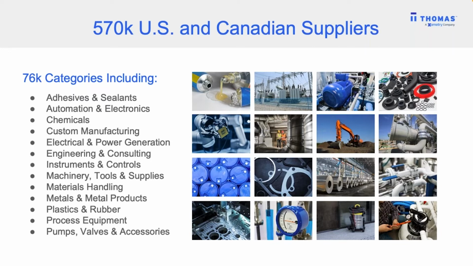We do have 76,000 categories from alloy to zinc, including chemicals like adhesives and sealants, technologies and electronic parts, and materials such as automation electronics, as well as assembly line. We're seeing a lot of robotic activity on our platform, all the way through to the day-to-day supply chain stories that you're hearing, including raw material for food production.